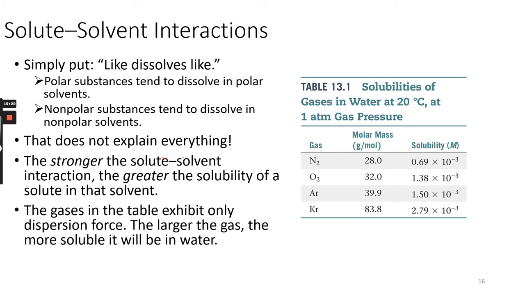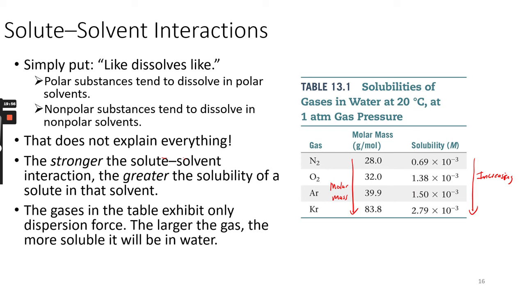And in this table we have gases, and you notice what's happening with your gases here. Your solubility is increasing as we go down. And what else is increasing? Your molar mass is increasing. The gases in this table only have dispersion forces as their intermolecular forces. They're all nonpolar.